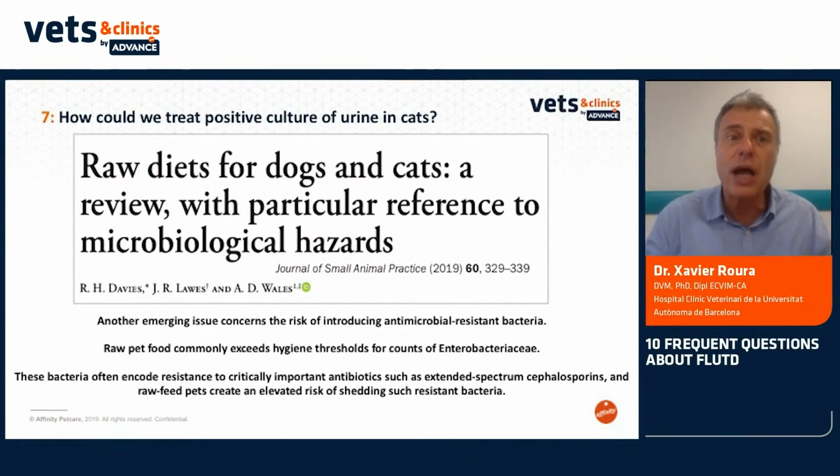So avoiding the use of raw diets could also improve the control of infection, could improve the control of resistance of these infections in dogs and cats, but even more important, perhaps control the increase of resistance in several enterobacteria or even other bacteria in human medicine.